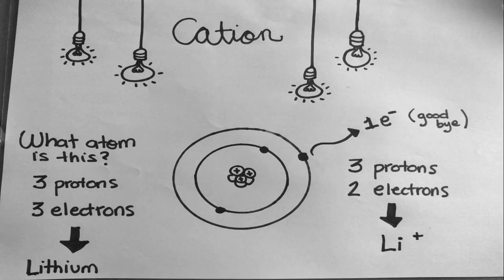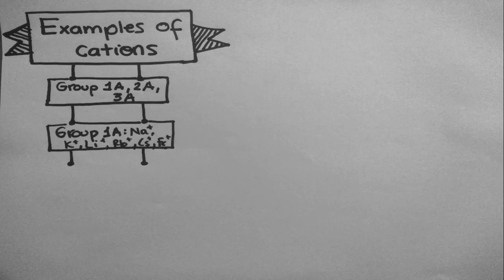Okay, there are some examples of cations in your periodic table. For example, group 1A, 2A, and 3A. In these groups, you will find elements that are cations. In group 1A, some of these elements are sodium, potassium, rubidium, caesium, and francium.